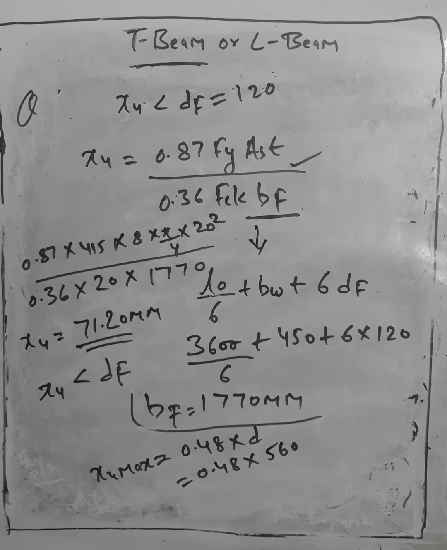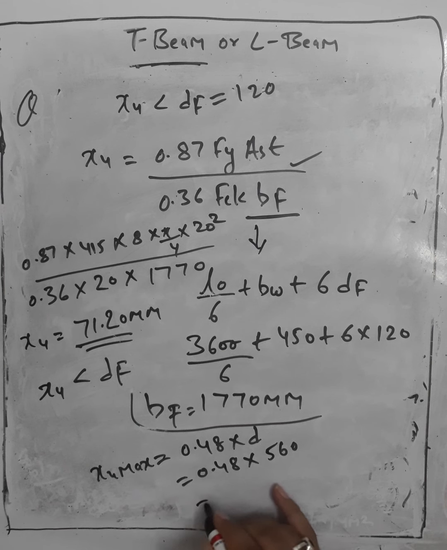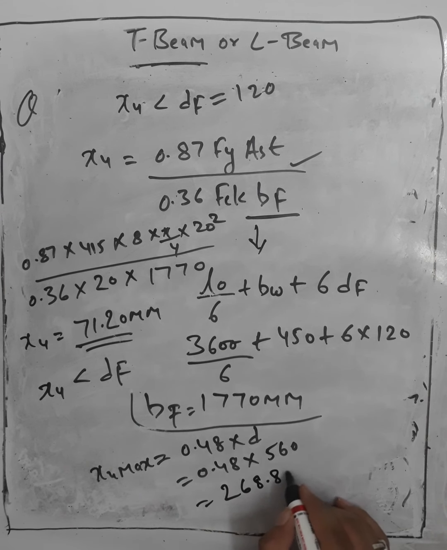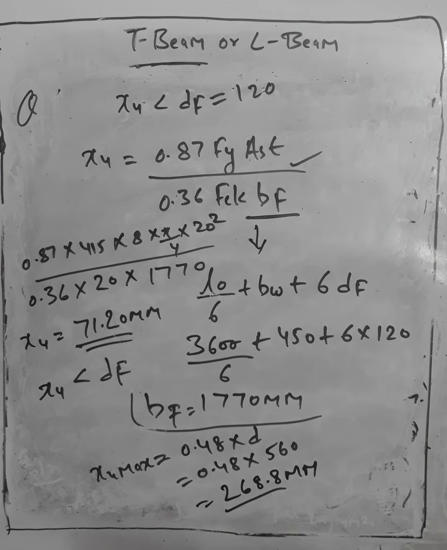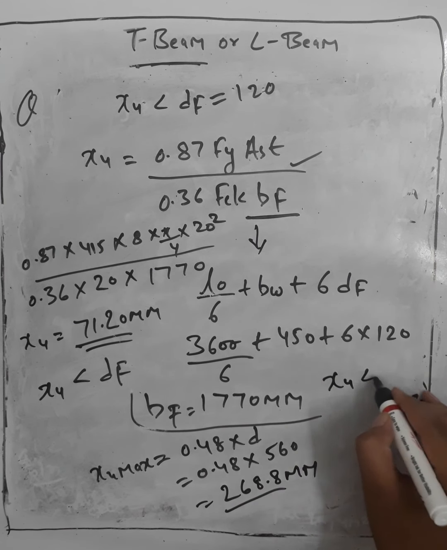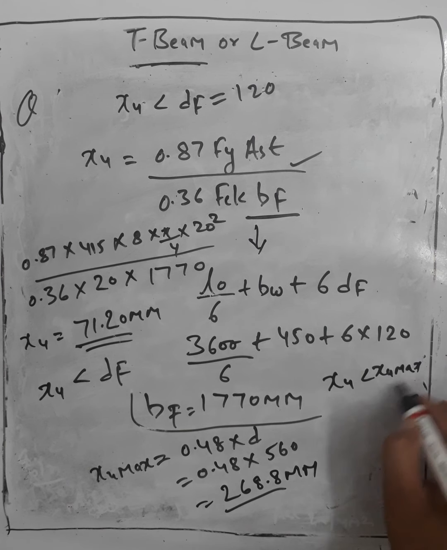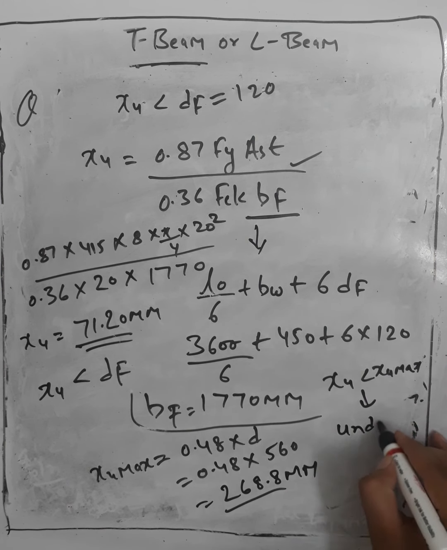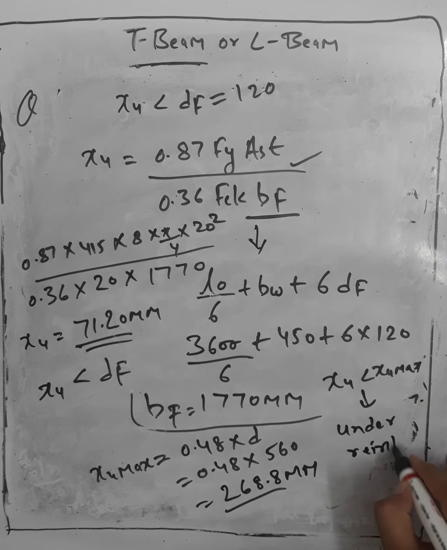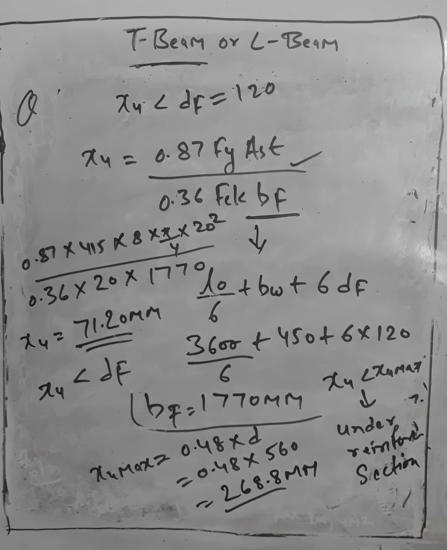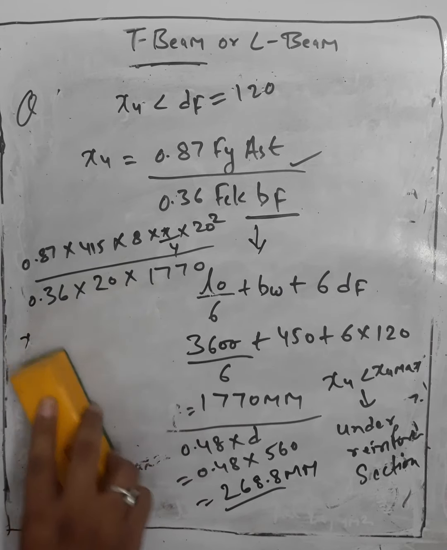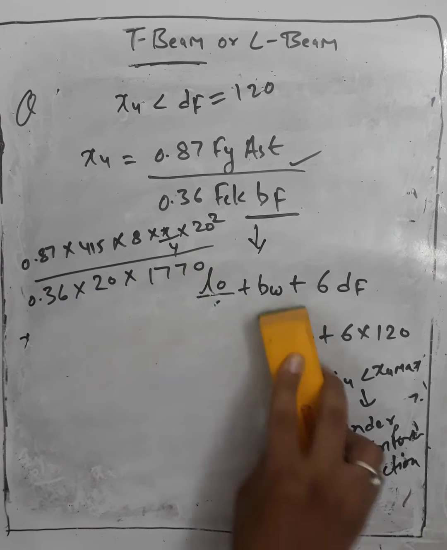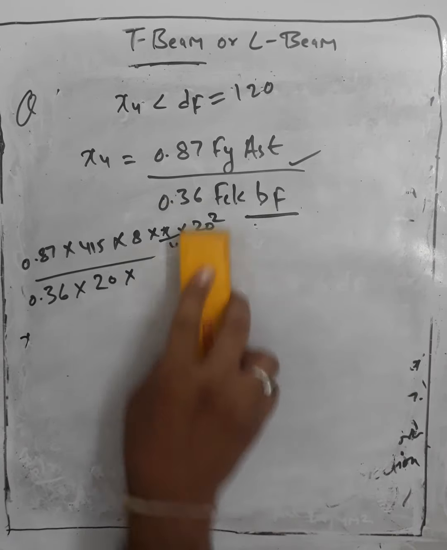After solving this, you get 268.8 mm. So this is our XU max value. Again here we got XU less than XU max. That means it is an under reinforced section. So for an under reinforced section we use the tension side formula for finding the moment of resistance.